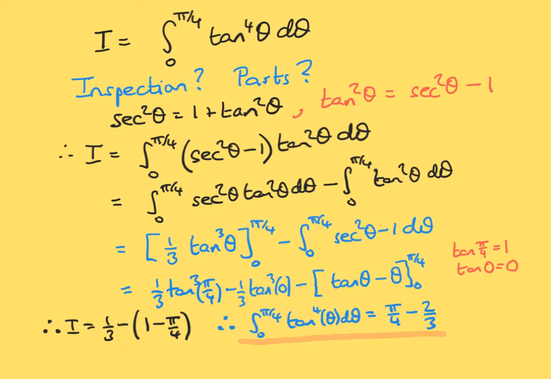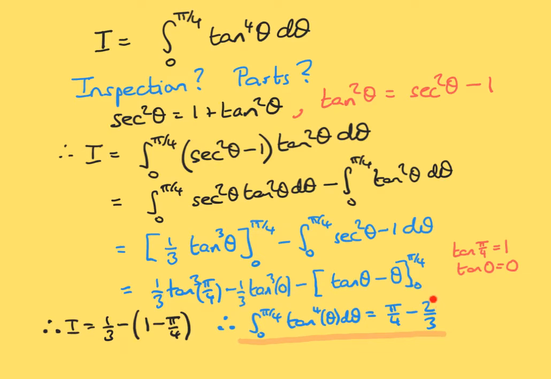Now, something we can immediately think about is that our integrand is a function, the tangent raised to the power of 4. It is therefore always going to be greater than or equal to 0, so it's positive or 0. So the integral from 0 to pi over 4 of something which cannot be negative must be positive.